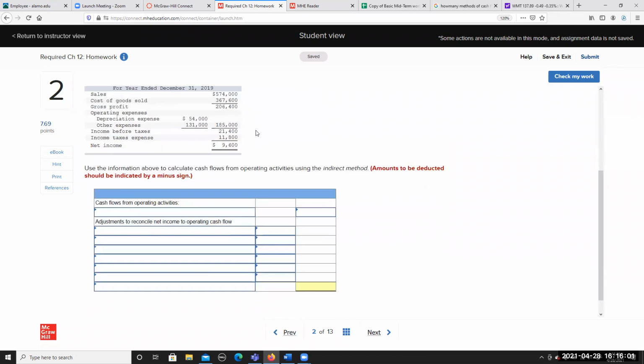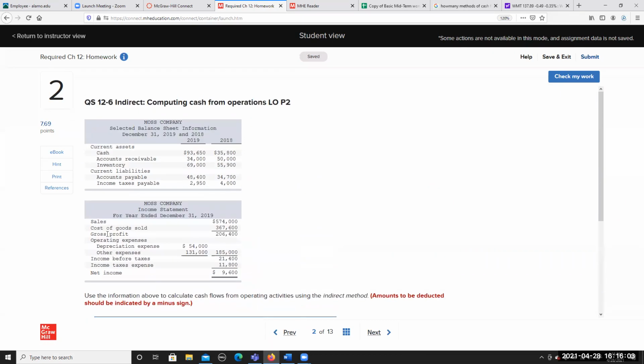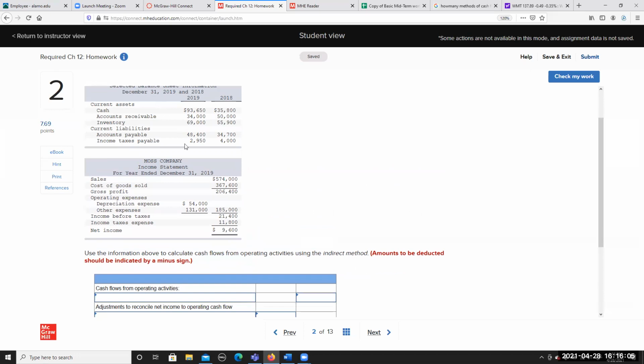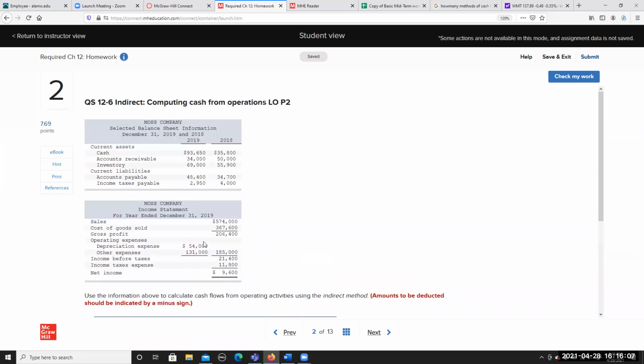Indirect, computing cash from operations. Again, just like there, you did operations, but now you have to convert both the income statement and the balance sheet. So do the income statement first. The steps are net income, add back depreciation, minus gains, plus losses.